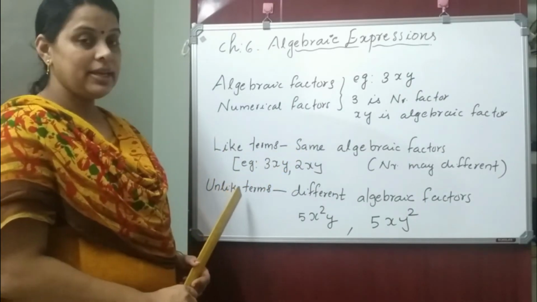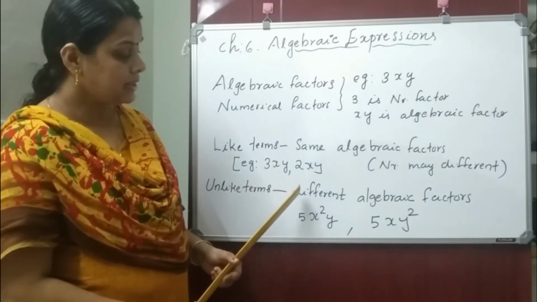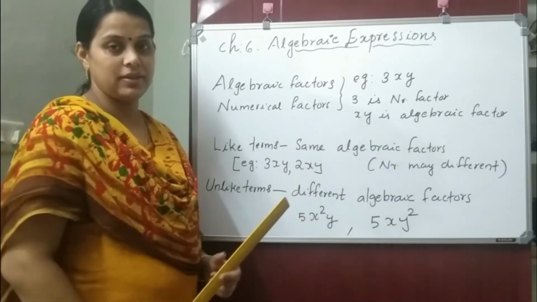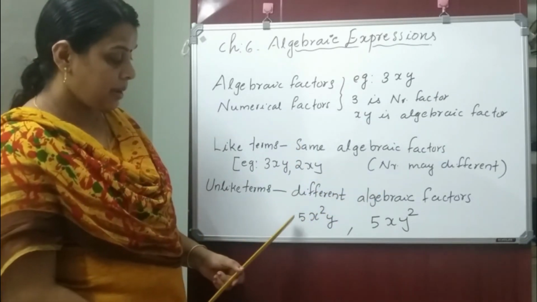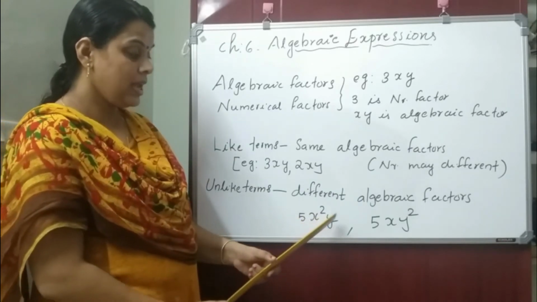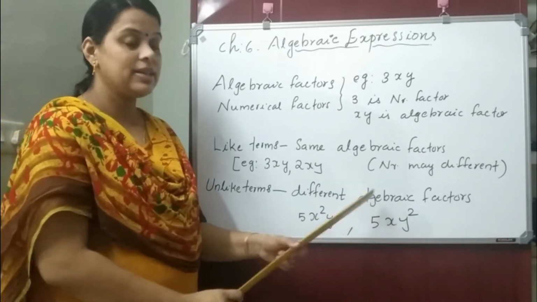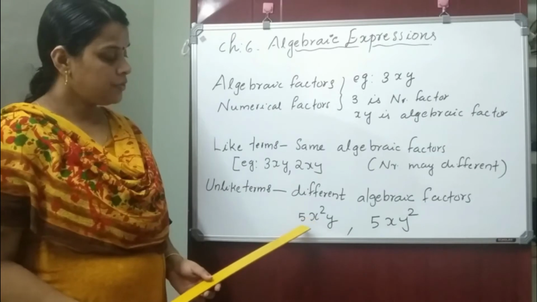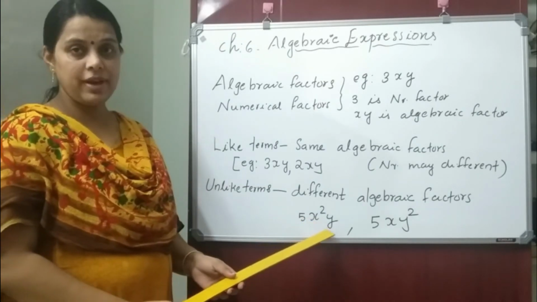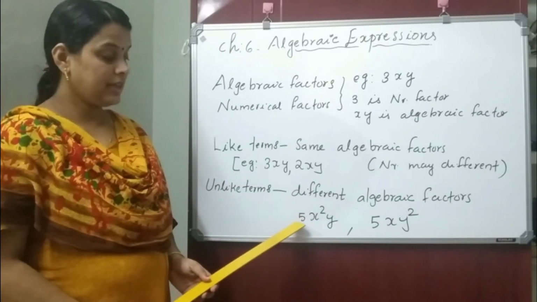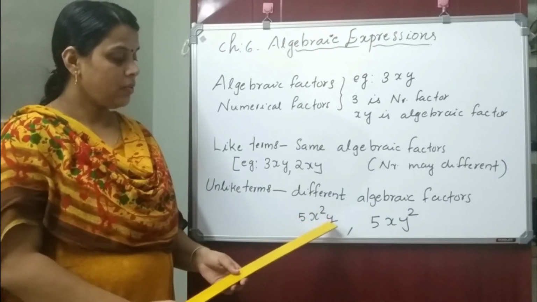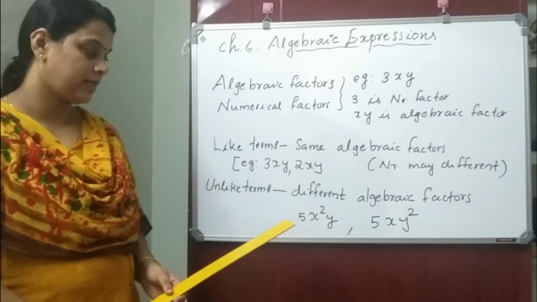Then what are unlike terms? Terms with different algebraic factors. See this example: 5x square y and 5xy square. In the first term, 5x square y, 5 is a numerical factor and x square y are the algebraic factors.